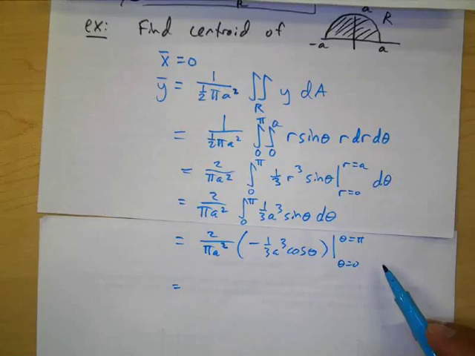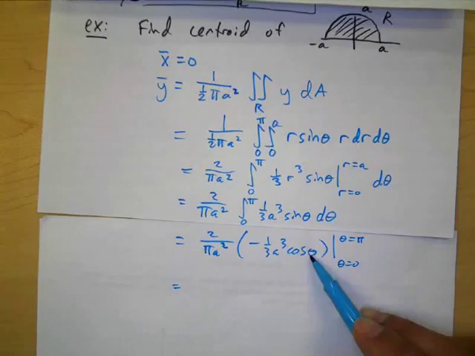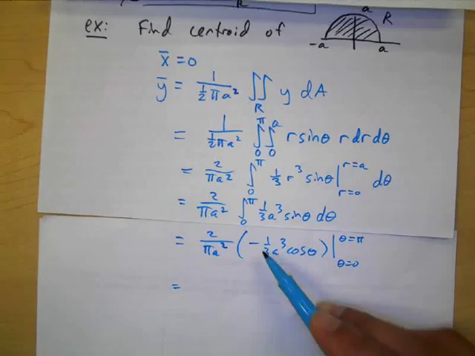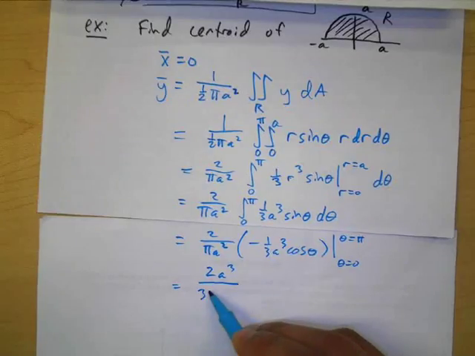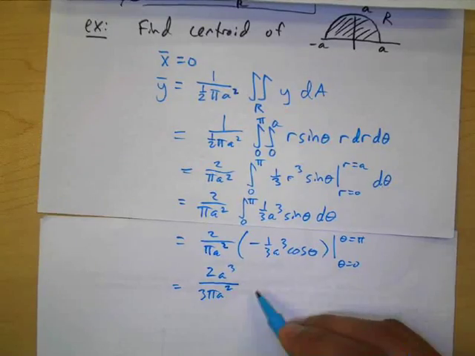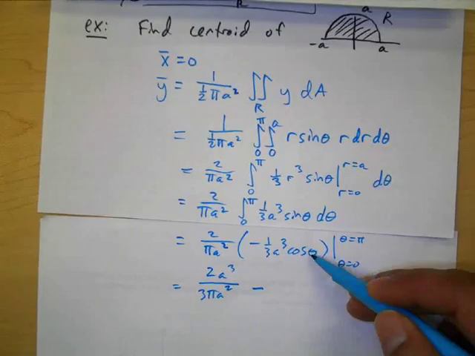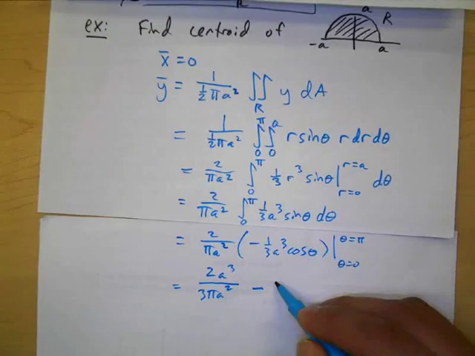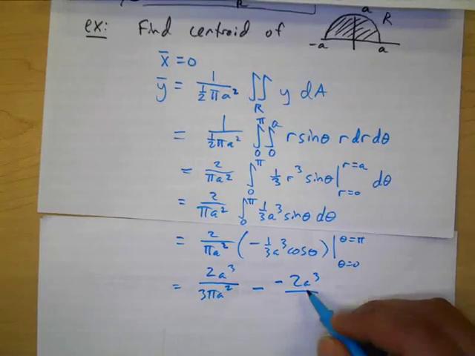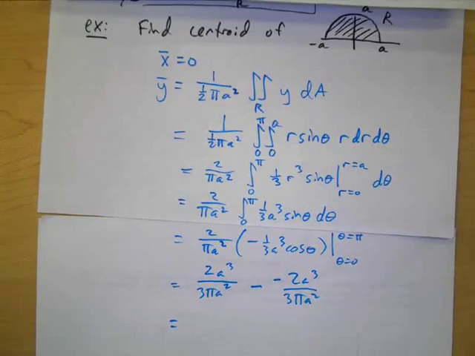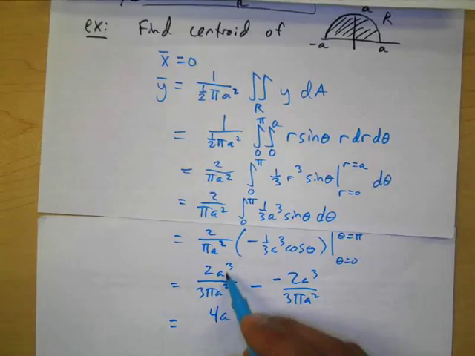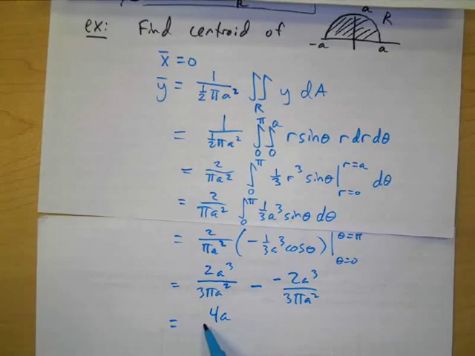If you plug in the bounds, when you do pi, that's negative 1 times negative, so that'll be positive 2a cubed over 3 pi a squared, minus, now we plug in 0, that's going to be positive 1 times negative, so that'll be negative 2a cubed over 3 pi a squared, for a grand total of 4a cubed, but then the a cubed and the a squared, obviously you can simplify that, so you just get 4a over 3 pi.